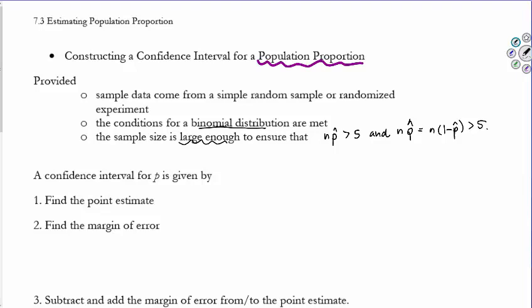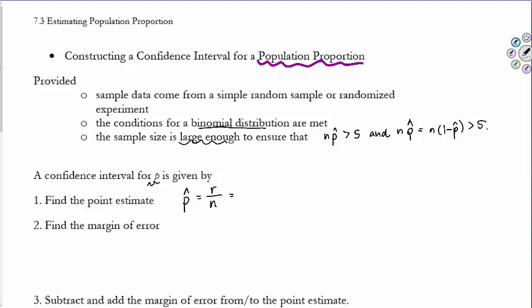Then we can construct a confidence interval for the true population proportion p by first finding the point estimate. The best guess we can have for the population proportion is what we call p hat. That's the number of individuals that exhibit the characteristic divided by the number in our sample.